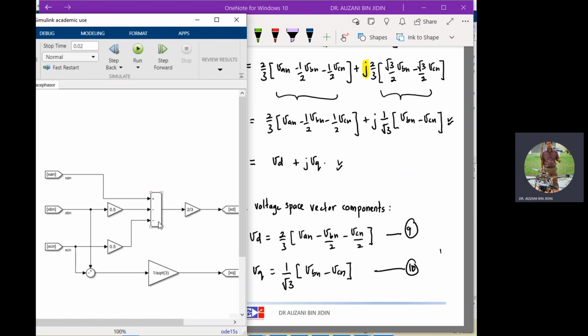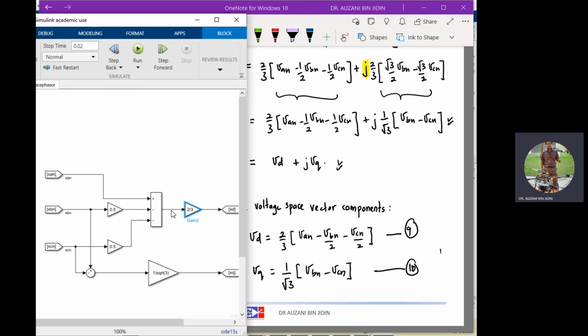Then you can try to understand. By applying this equation, you can construct using the suitable simulation blocks. So this is the add block, and the gain block to model the factor 2/3. Then you have VAN, the bracket term here: VAN minus VBN divided by 2, minus VCN divided by 2. Here is the gain, VBN multiplied by 0.5, and here also VCN divided by 2.